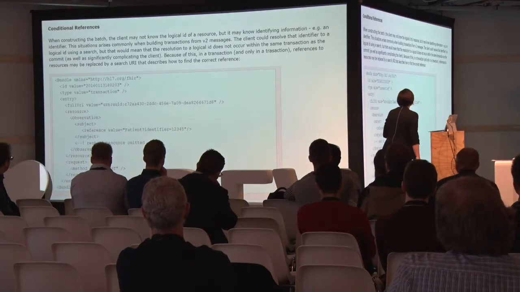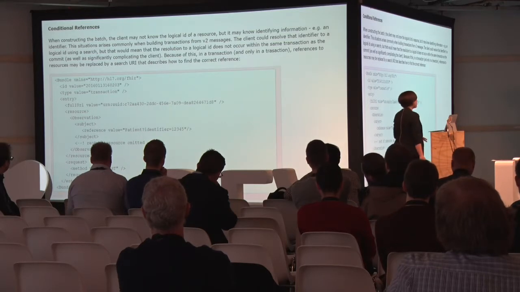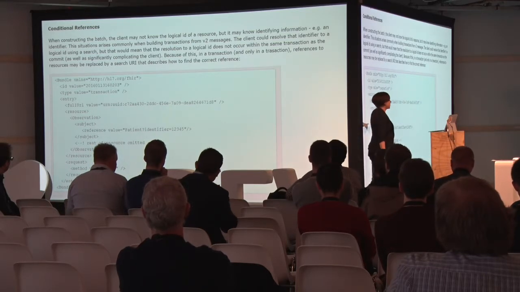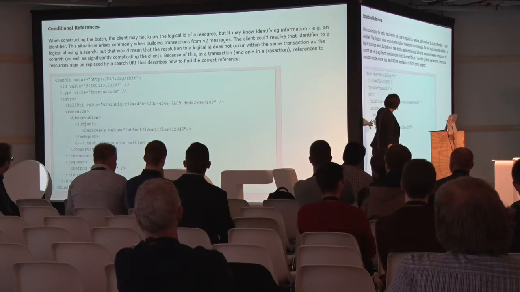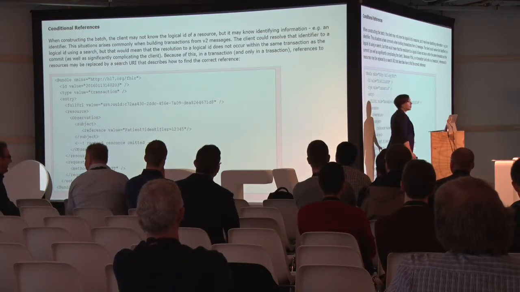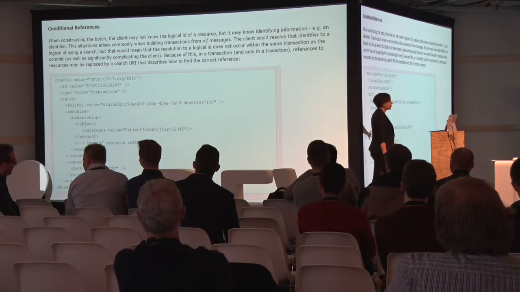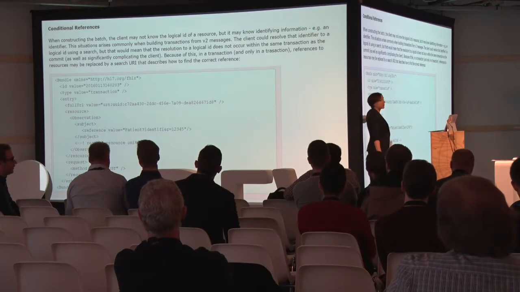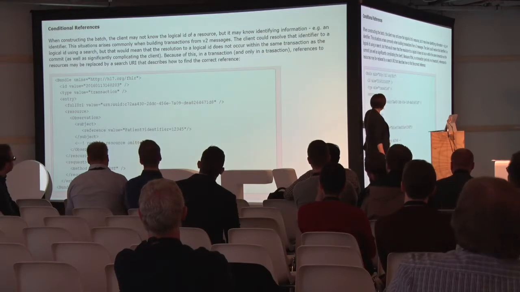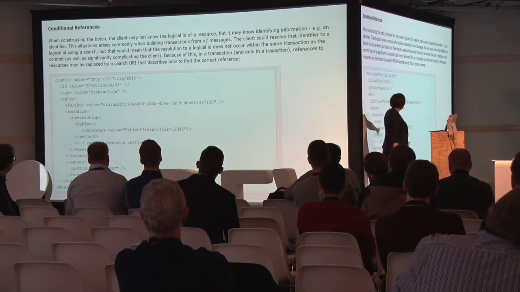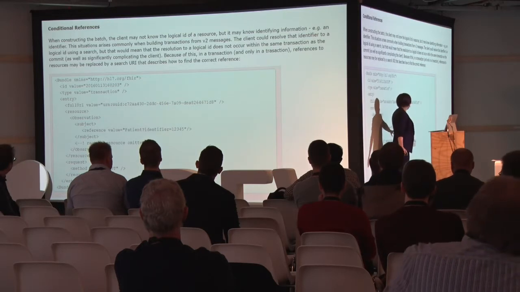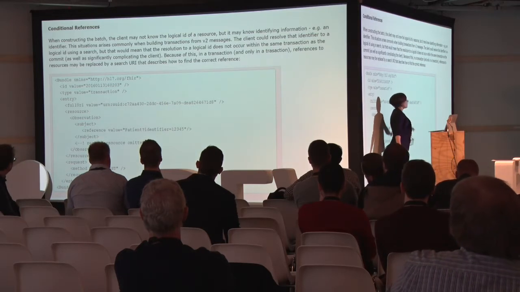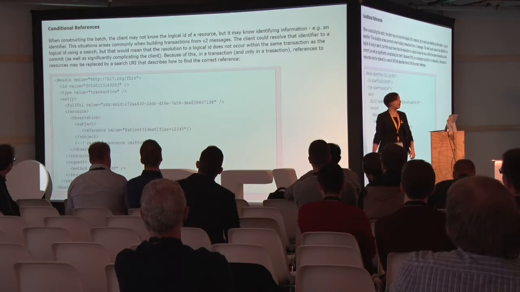We can use a conditional reference. It's a new feature that has been entered after I did a change request. So what we can do is, within a transaction, say we want our observation from that ORU message to reference a patient of which we don't know the full URL, but we know that it has a specific business identifier.